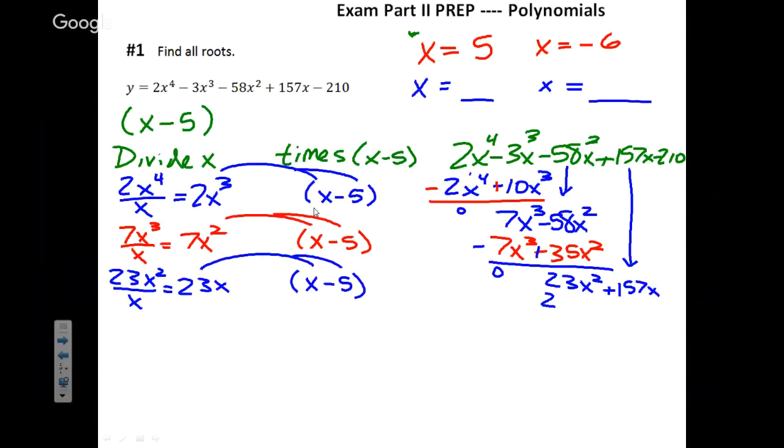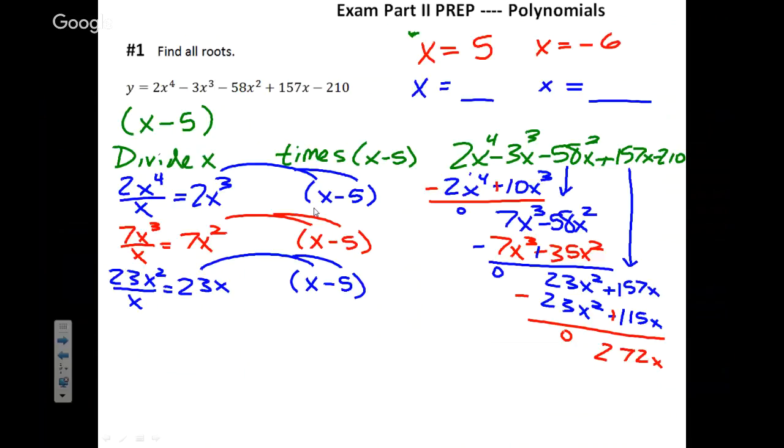I get 23x squared. 23 times 5 is 115. Is that right? Negative 115x. Switch signs. I get 0 and 272. Is that right? And then finally bring down the negative 2.